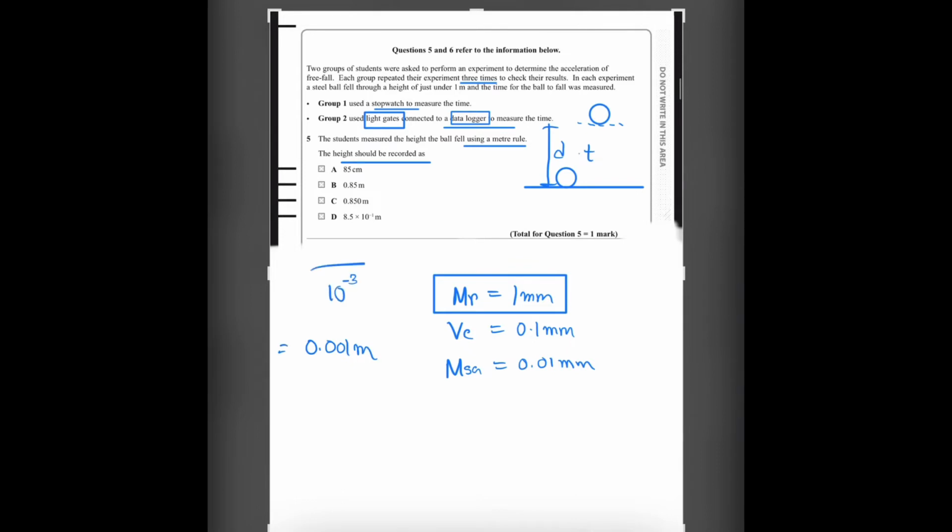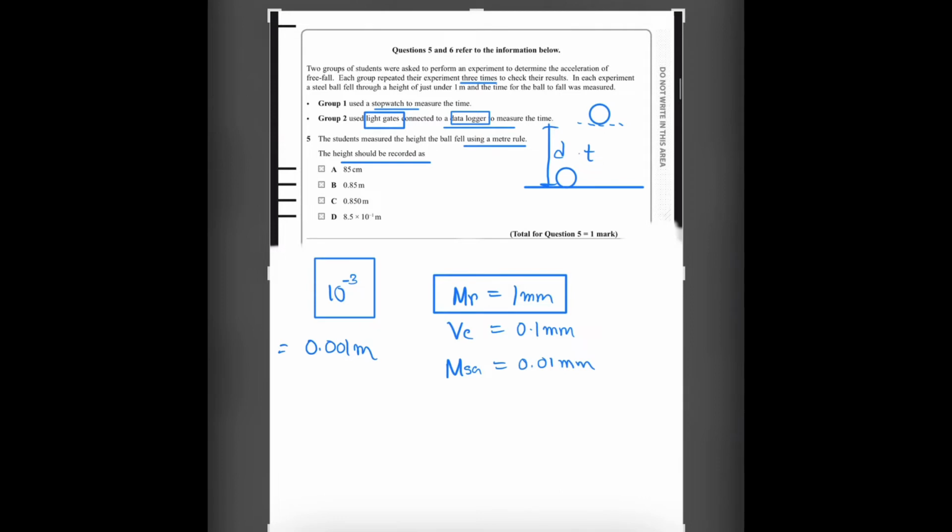So the precision of a meter rule is 1 millimeter. The precision of a vernier caliper is 0.1 millimeter, and the precision of a micrometer screw gauge is 0.01 millimeter. So the precision of the meter rule is 1 millimeter, right? But 1 millimeter is 0.001 meter, since the value of milli is 10 to the power minus 3.